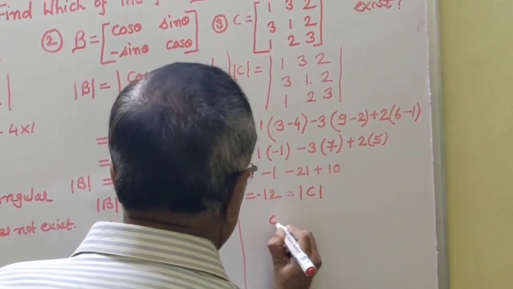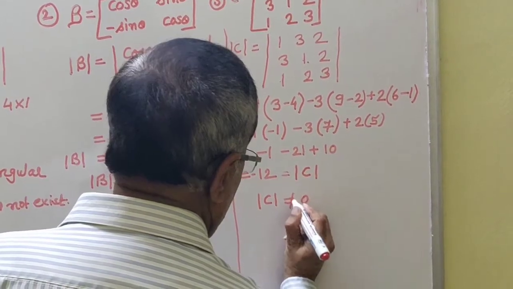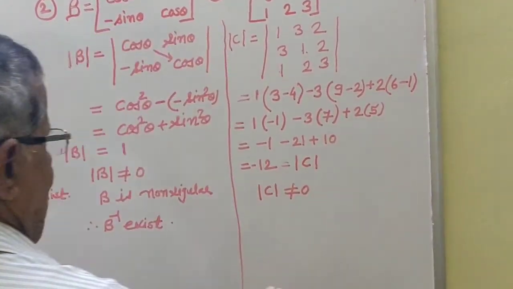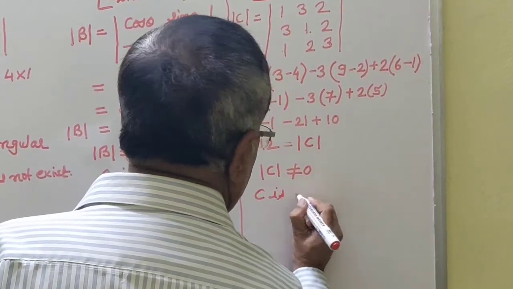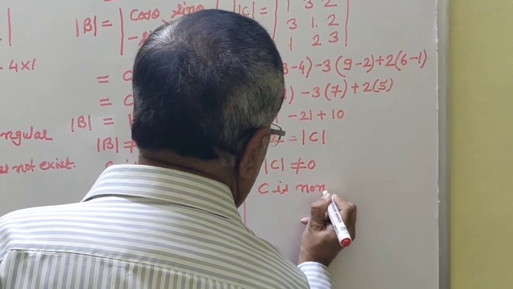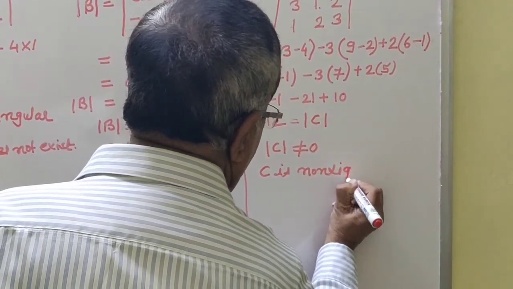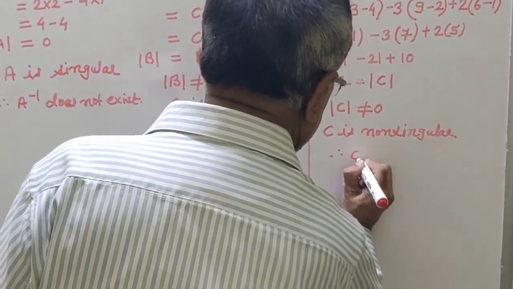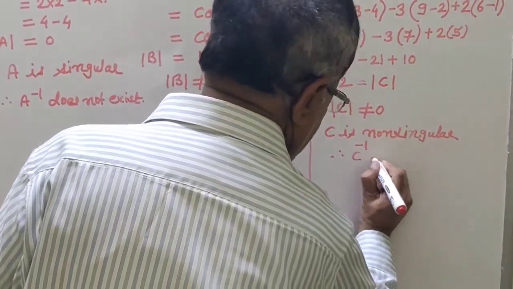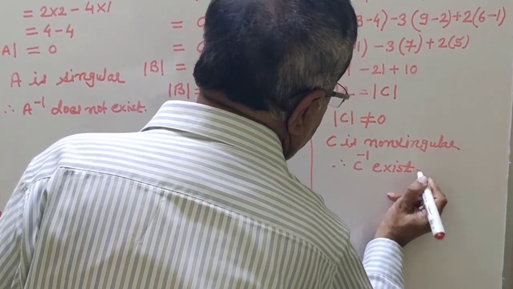Again, the determinant of C is not equal to 0, implies C is non-singular. The inverse of C exists. C inverse exists. You understand all these problems?